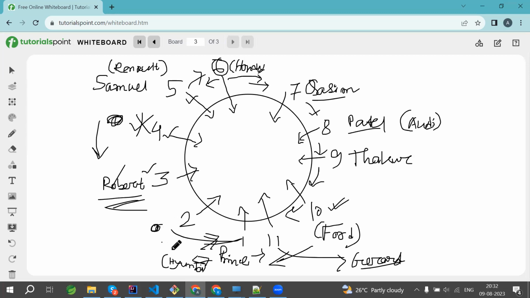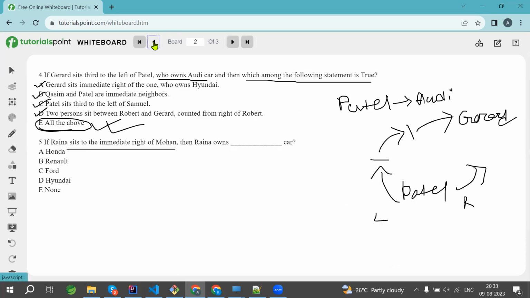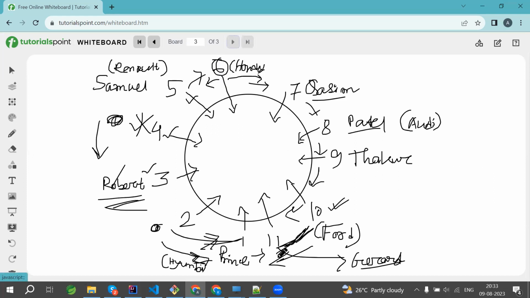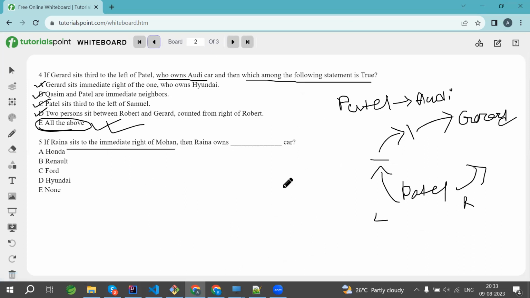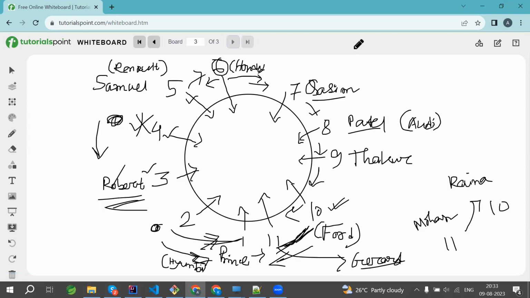If we use this, no immediate positions will be there. So the only possibility is these two, 11 and 10. So immediate right of Mohan means Mohan will be at the 11th position. Mohan will be there, so the immediate right of Mohan, Raina should be in the 10th position, right? And then Raina will own the Ford car, as the 10th person owns the Ford car.